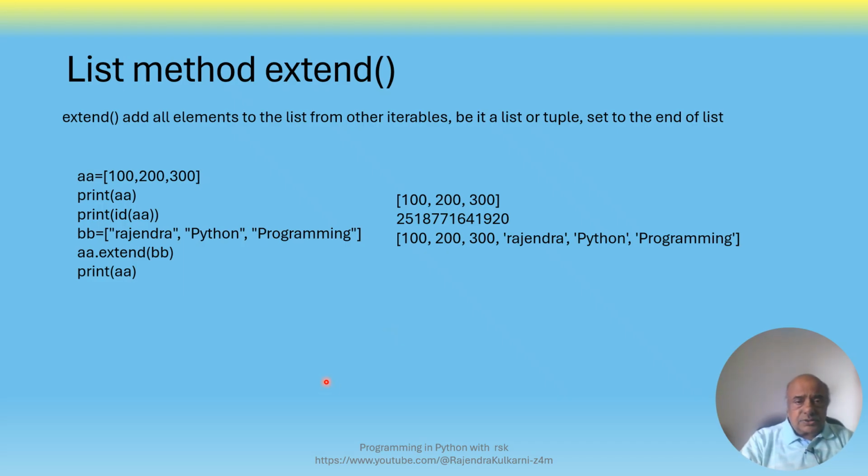So a new content of A is created, having added three more items, which are the part of another list B. What we can see here is after extending A with contents of B, the object remains the same, the ID remains the same, 1920.